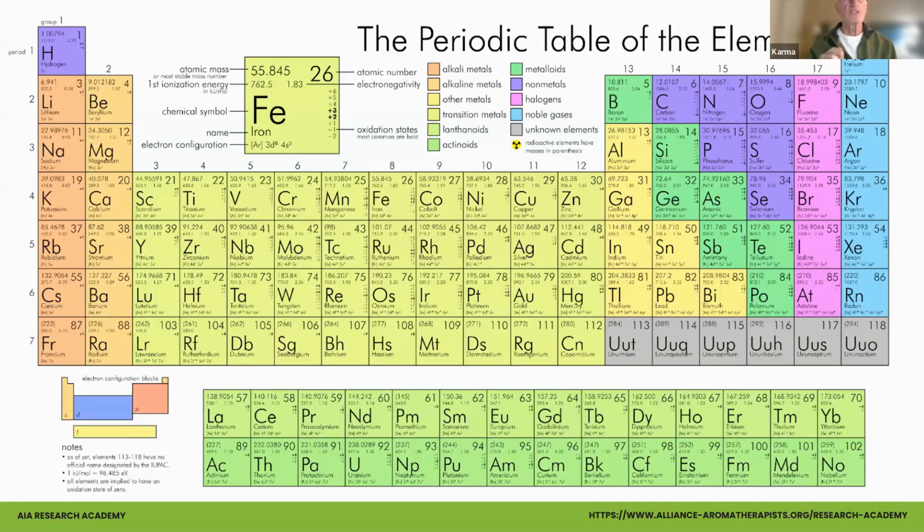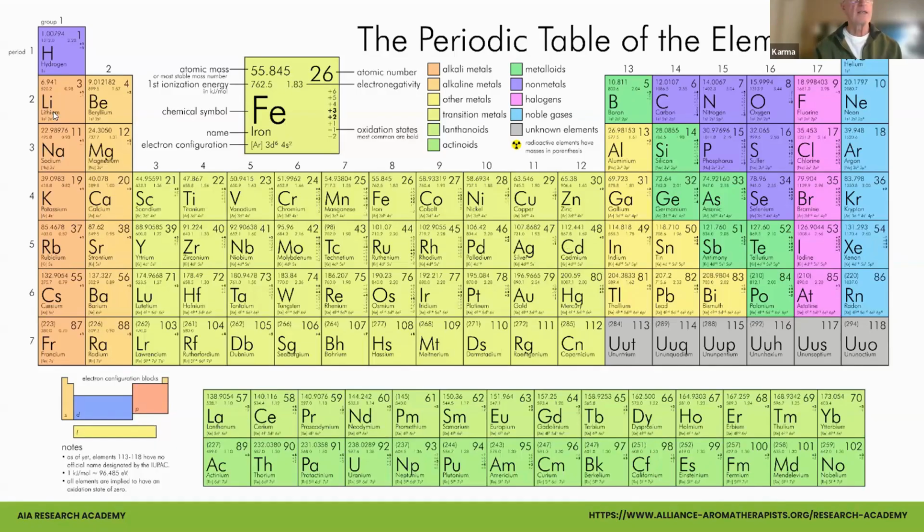First, this table has a lot of information. It's got the name of the element, the symbol, the atomic mass, the number, all sorts of good stuff. But you don't get lost because he's color-coded it. So you can grasp it very quickly.